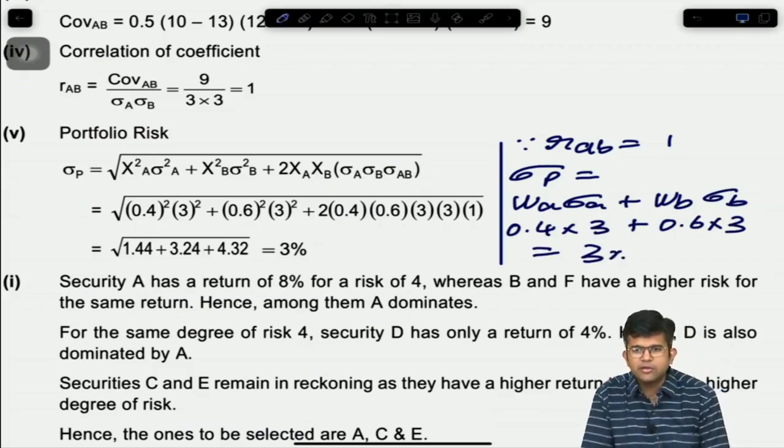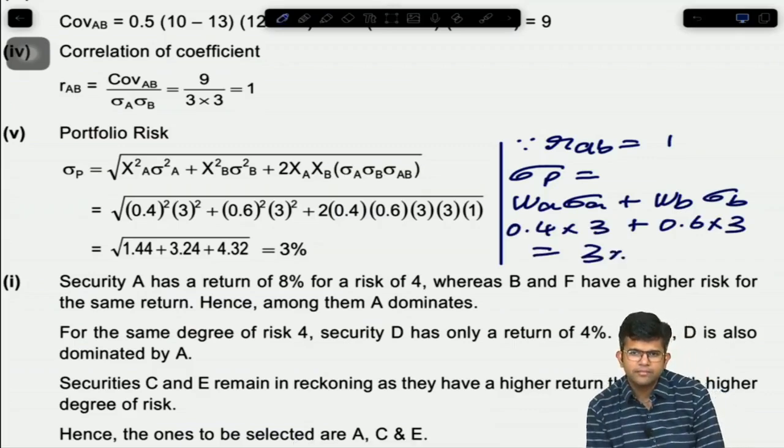I have given this in your notes, that if Rxy is plus 1 or minus 1, then a shortcut formula is also there. Tamanna, I don't have any separate notes. Which notes exactly do you want?